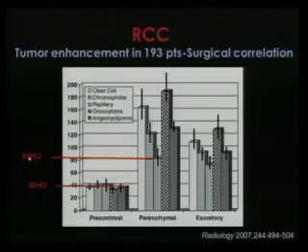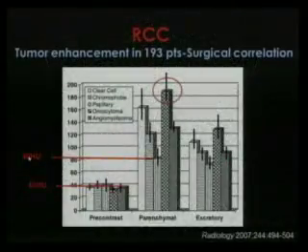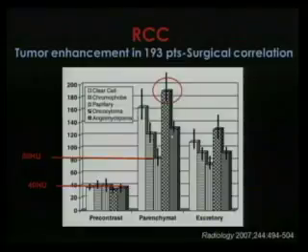What is the tumor with the highest enhancement? This one, the oncocytoma, followed by clear cell carcinoma, then angiomyolipoma, then chromophobe, and the last one, papillary type.